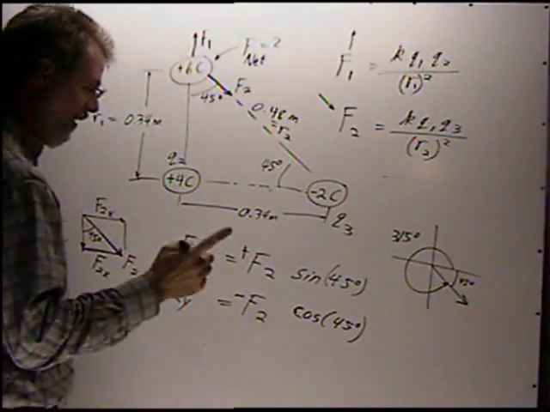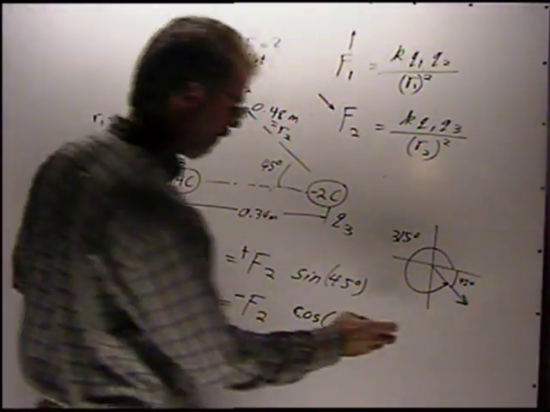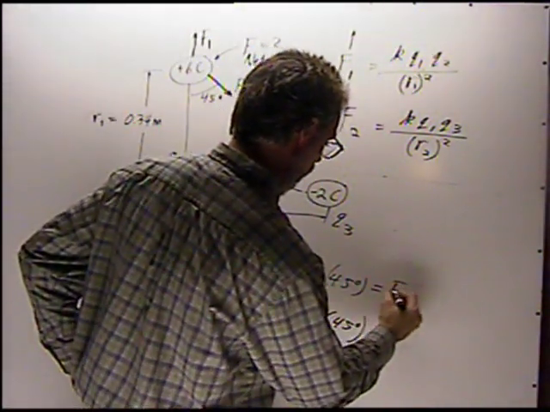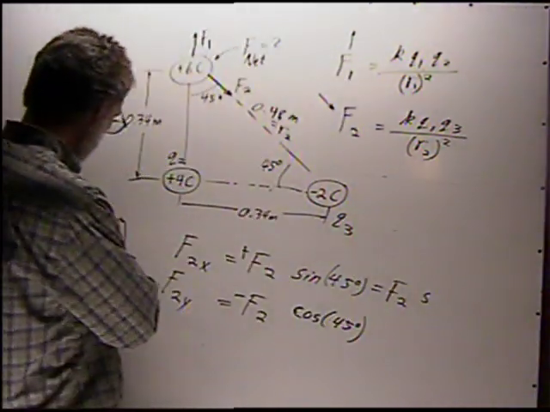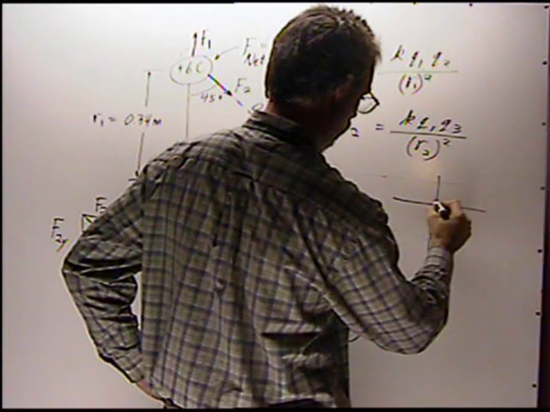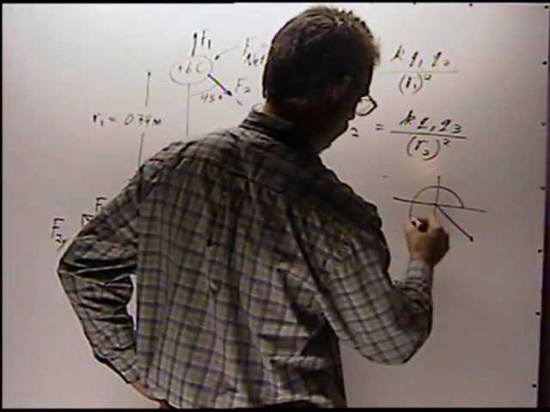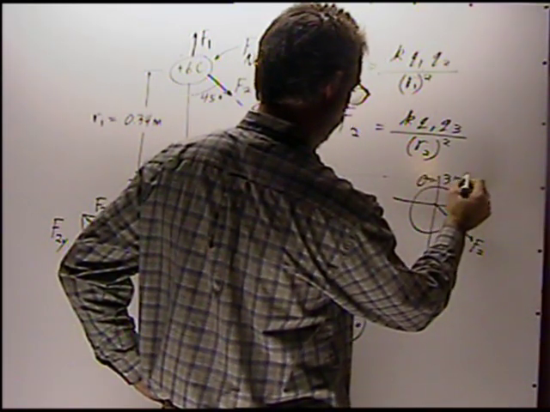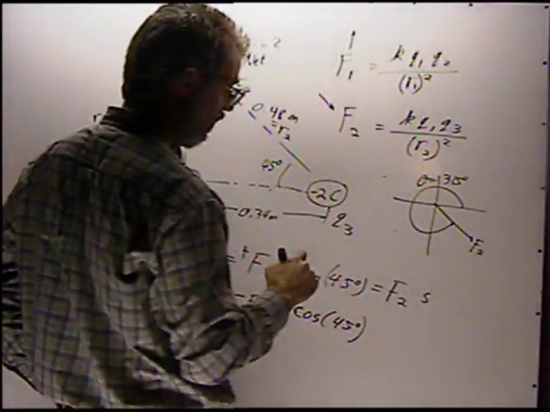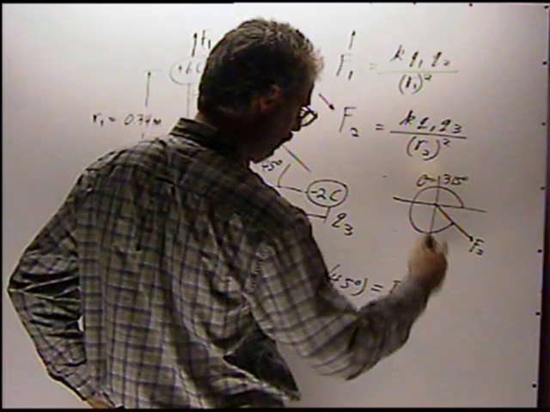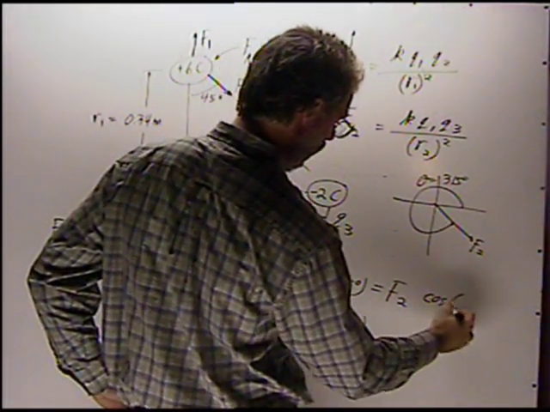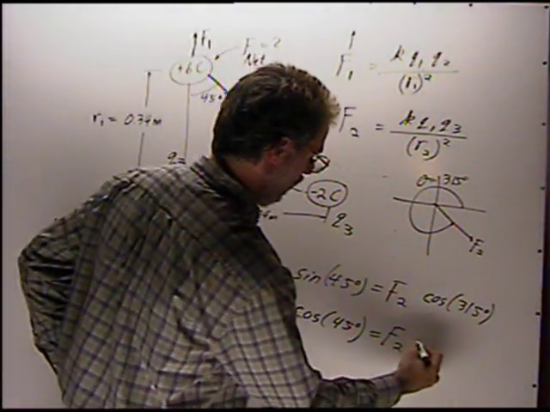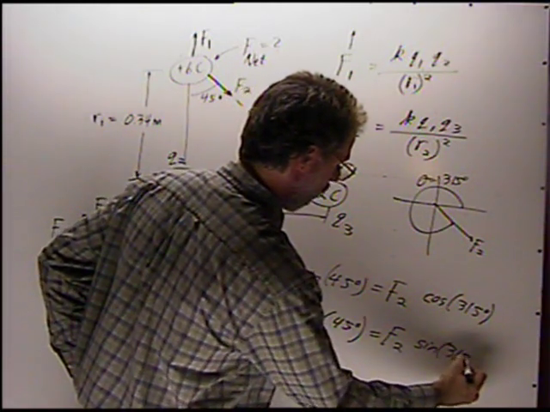So it would be the exact same thing as saying, F2 times the cosine of 315 degrees, or F2 times the sine of 315.